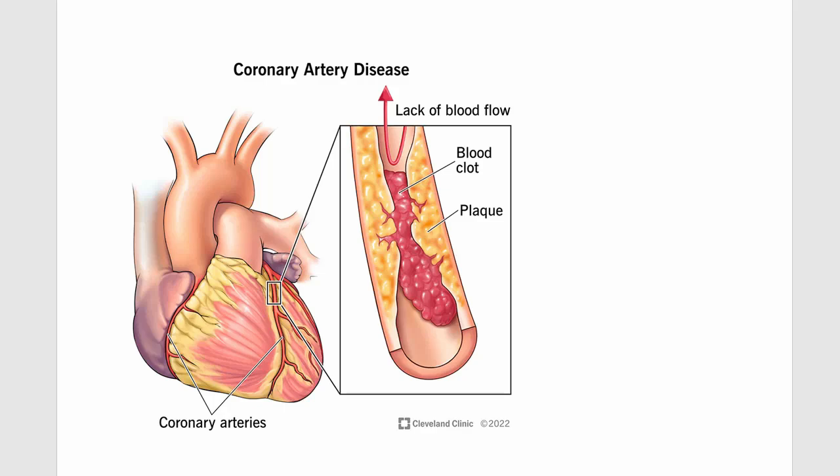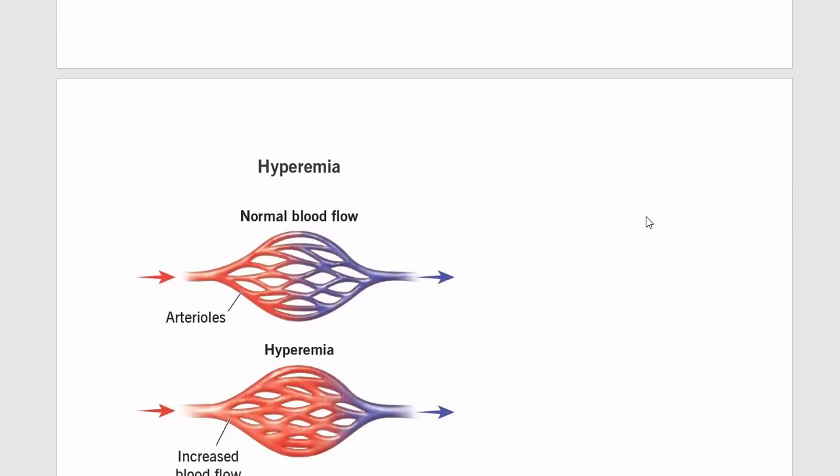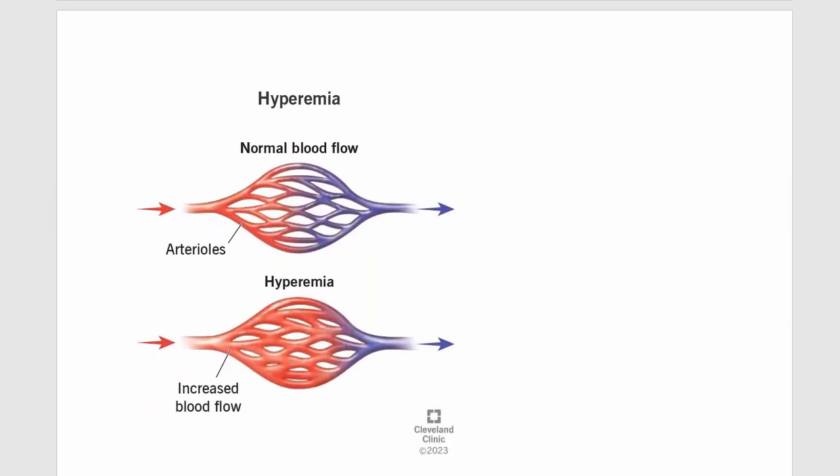This thrombus can either partially or completely block the coronary artery, and that's what leads to ischemia of the downstream myocardium.